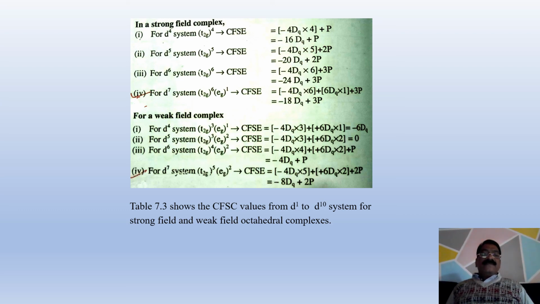For the d6 system, minus 4 Dq plus 1 pairing, and for the d7 system, t2g5 eg2, that means minus 4 Dq into 5 plus 6 Dq into 2, and plus 2 pairing, so minus 8 Dq plus 2 pairing. This is shown in the above figure, and we have the particular CFSE for the particular ions in strong field as well as in weak field complexes.